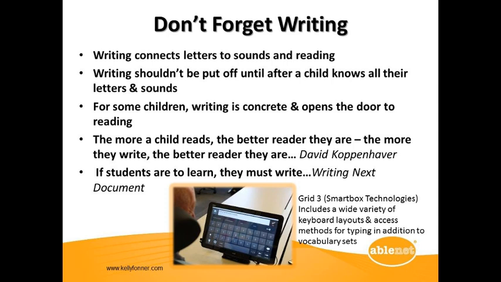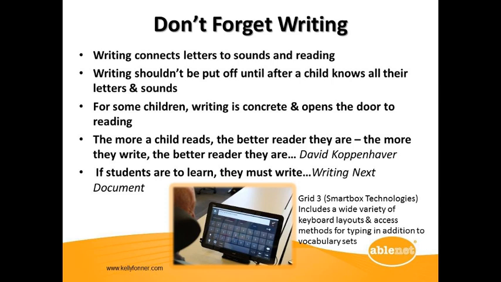Get to those alphabet pages. The systems like Grid put an emphasis on different arrangements of the alphabet. Find the right alphabet for your kid and make sure it's connected to their low-tech or their high-tech system. And if it's not, add it in. Find it.